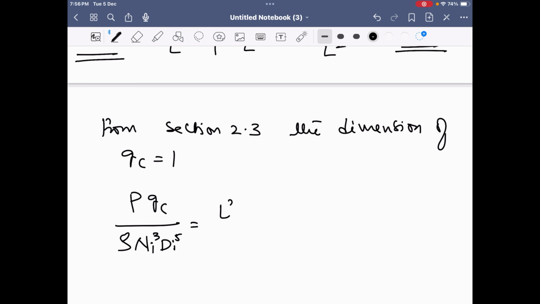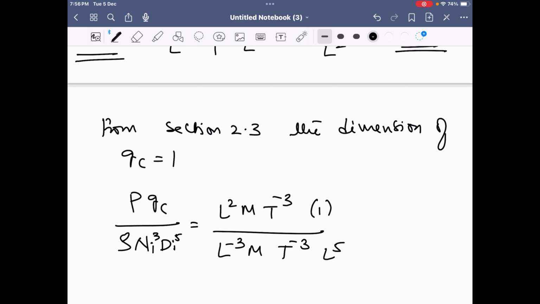It is L square m t power minus 3, times 1, divided by L power minus 3 m t power minus 3 L to the power of 5. All the terms get cancelled, and you are going to get 1. Obviously, a dimensionless power number does not have any units, it becomes 1. So we can easily understand that equation 2 is dimensionally homogeneous.